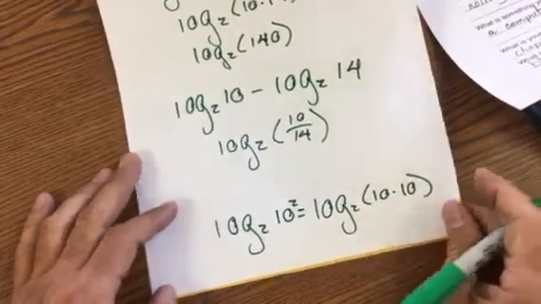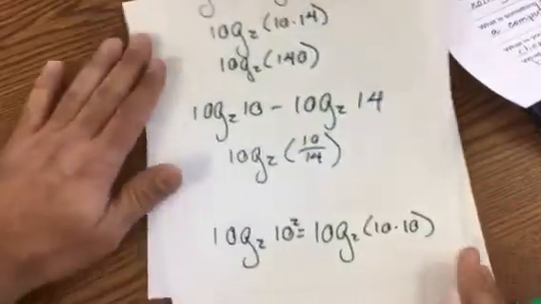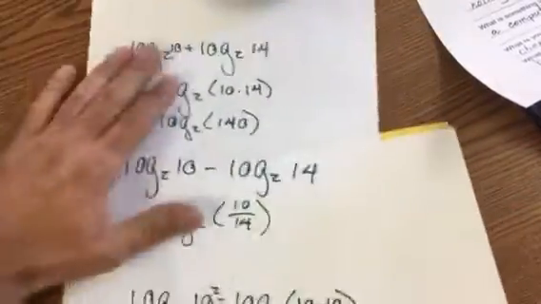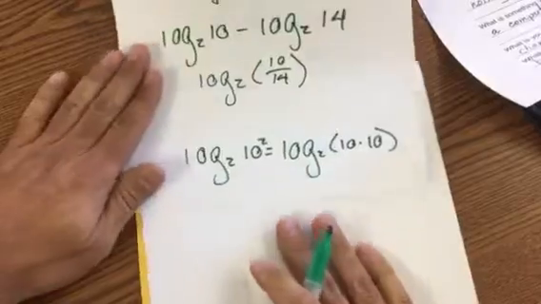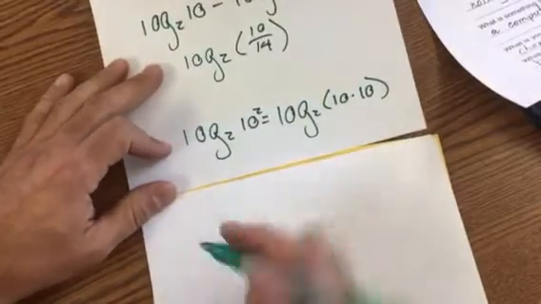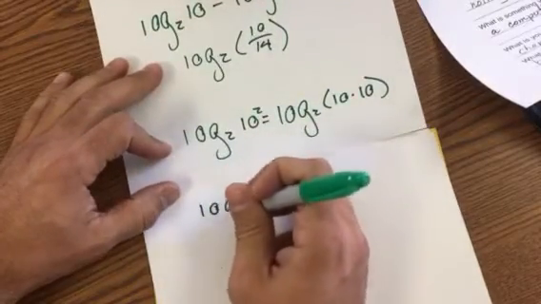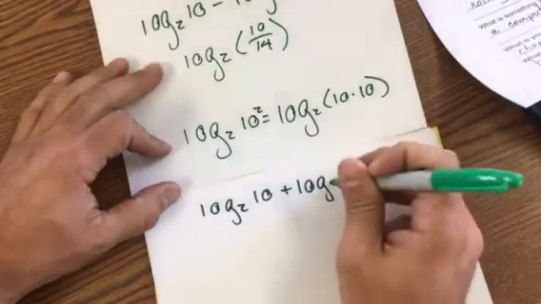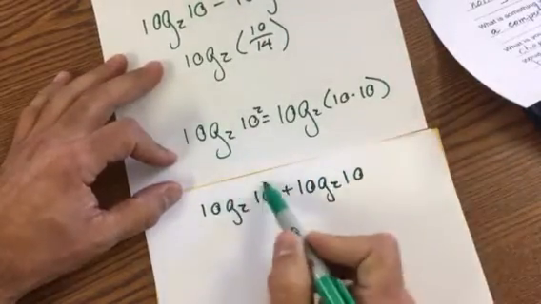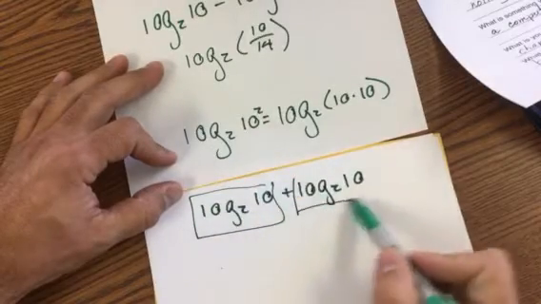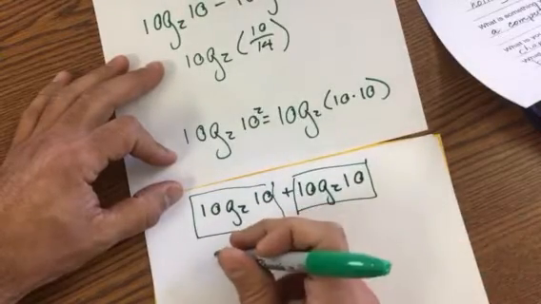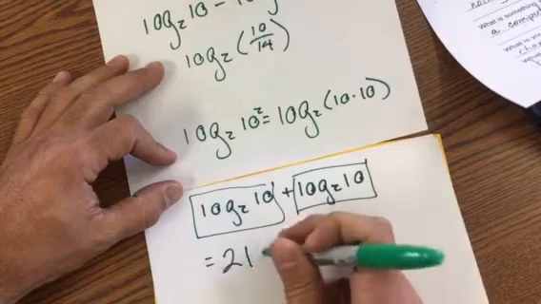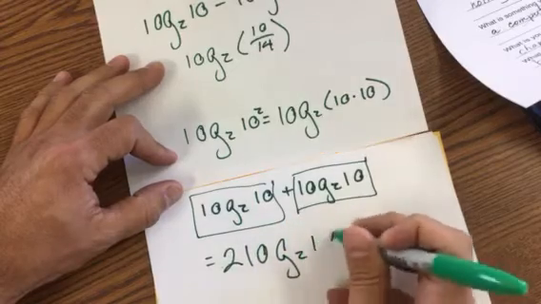Because that's log base 2 of 10 times 10, I can make that using the reverse property of addition: log base 2 of 10 plus log base 2 of 10. When I have two things that are the exact same, I just say that I have two of them. So that would be 2 log base 2 of 10.